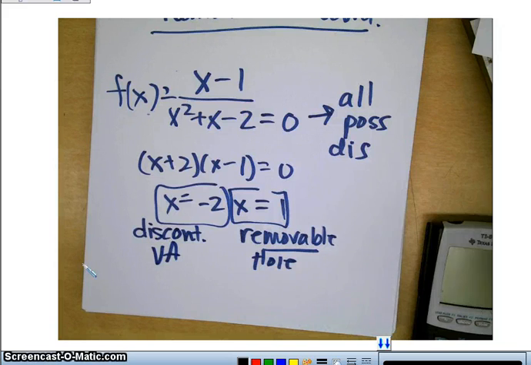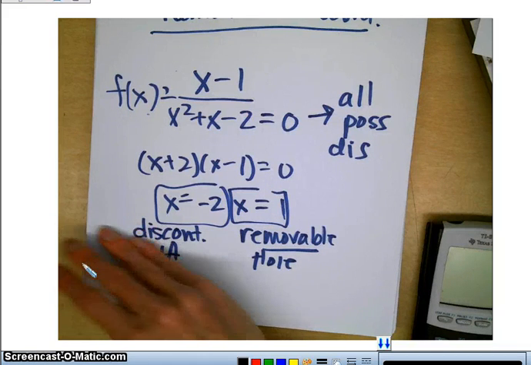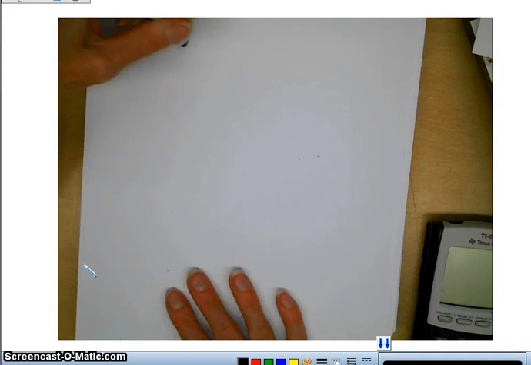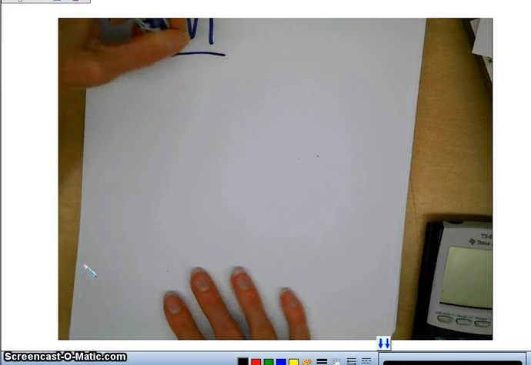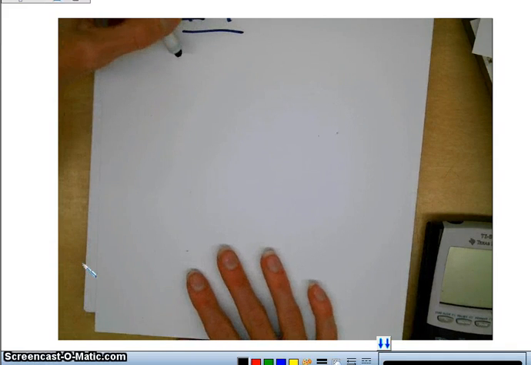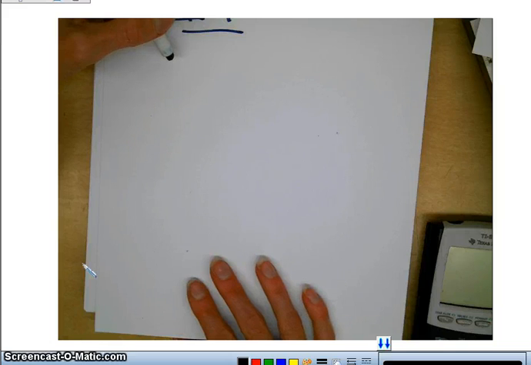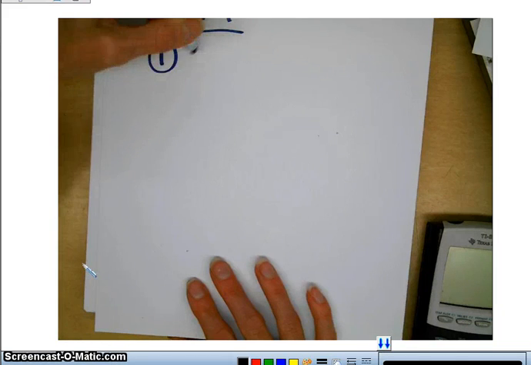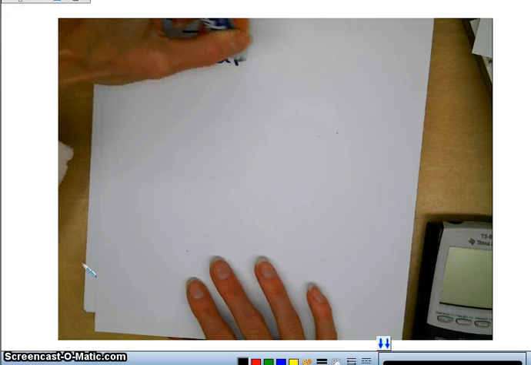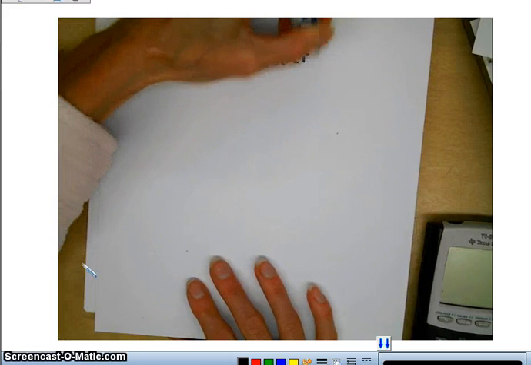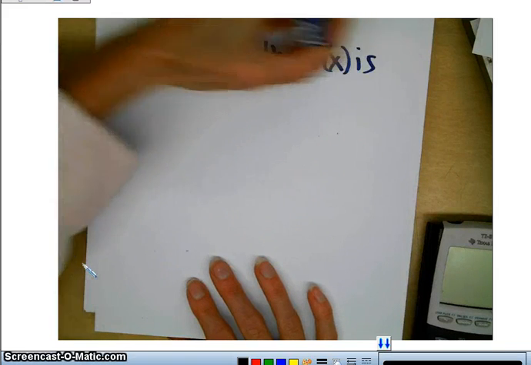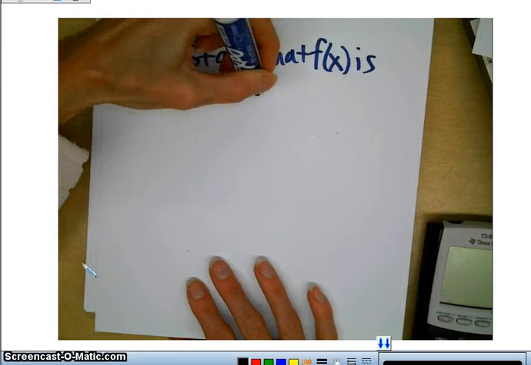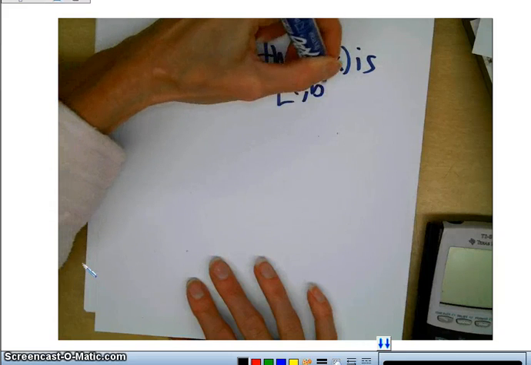All right, the next thing in 1.4 was the intermediate value theorem. Here are the things you have to check for the intermediate value theorem. Number one, you have to state that f of x is continuous on whatever interval you're given from a to b.